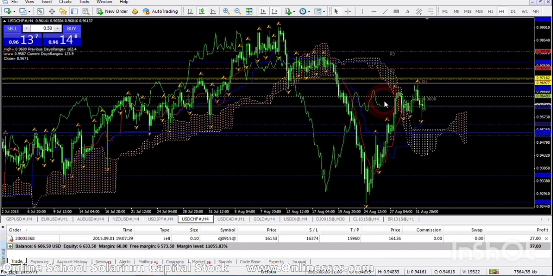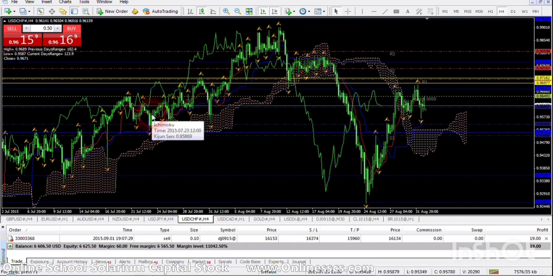Okay, so this Ichimoku is so precise and really good, and you can easily get the orders you want and put your stop loss and TP, and it's a complete confirmation for your trend.